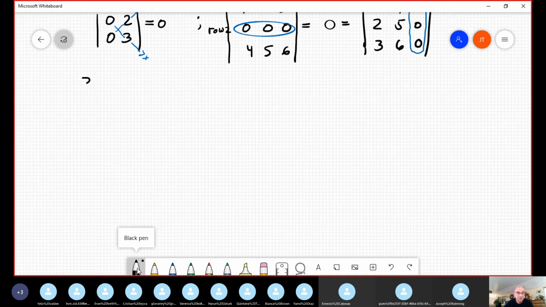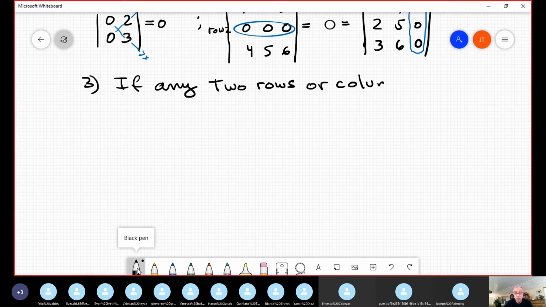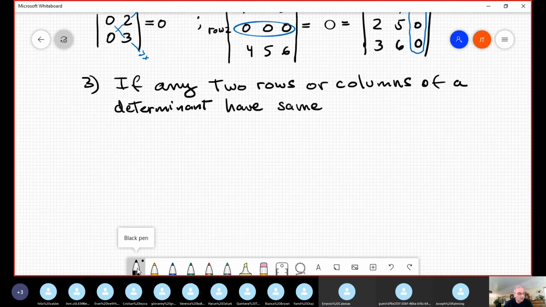Property number 3. If any two rows or columns of a determinant have the same entry.